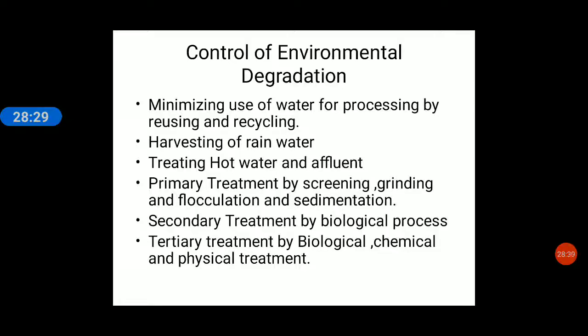Then by primary treatment. What is primary treatment? Just screening, grinding and flocculation. You know alum, it is very commonly used, that is flocculation. When we put alum in the water, what happens? The impurities will settle down, right?